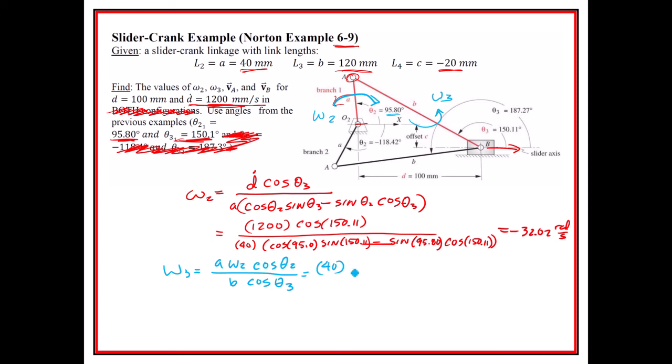So we get 40 times our negative 32.02 times the cosine of 95.80, divided by 120 and the cosine of 150.11. And what we end up with is negative 1.244. So I guessed wrong up above. It is actually going to be a clockwise rotation, which I guess kind of makes sense.